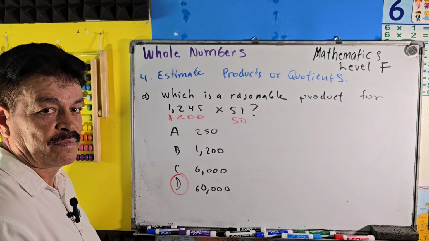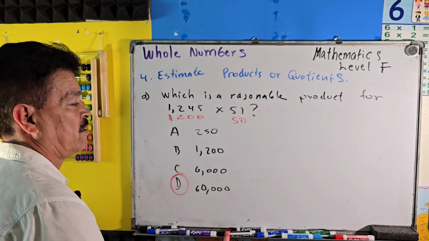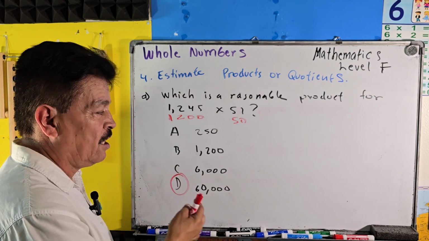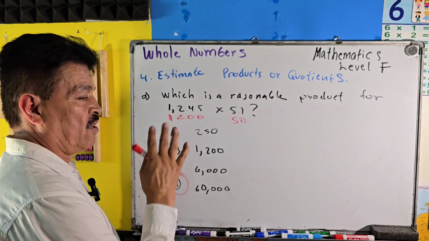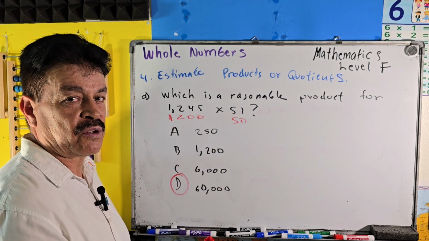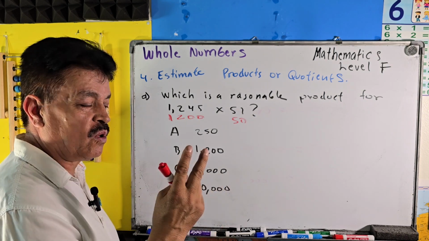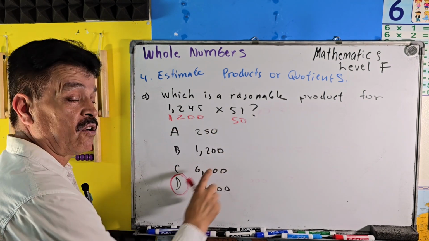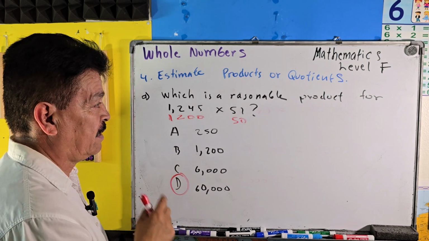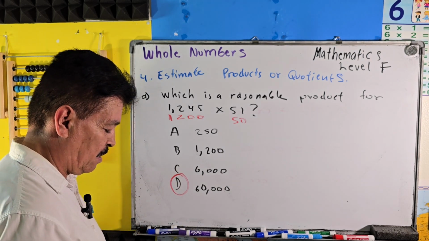It is this one. This one is a far away answer. So remember, in this kind of test in California, from the four possible answers, 2 are completely wrong and 2 are very close. So you need to be smart in this kind of problem.